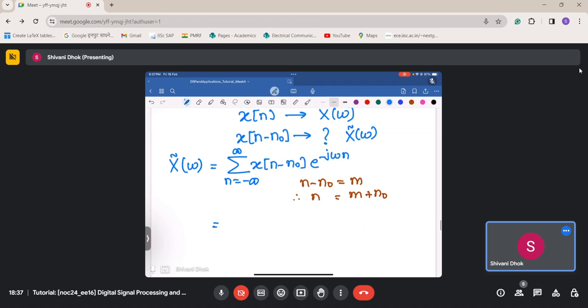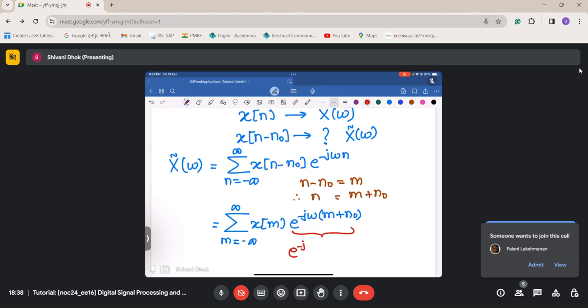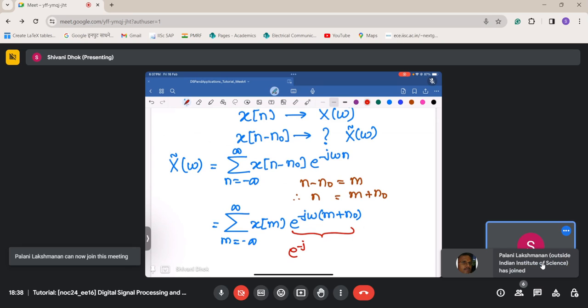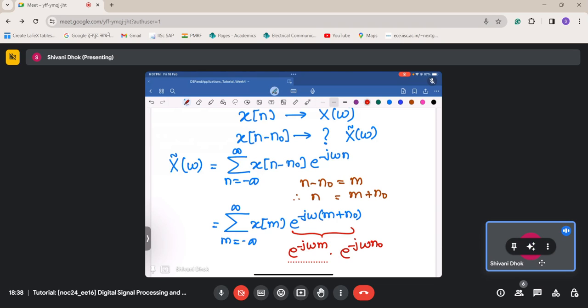So now we have summation m running from minus infinity to infinity of x of m into e power minus j omega, and n I can replace as m plus n naught. So this term I can write as e power minus j omega m multiplied by e power minus j omega n naught, and this n naught is a constant term, doesn't depend on m, so I can take it outside.